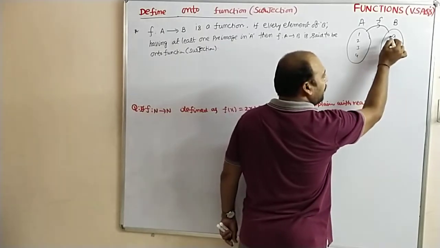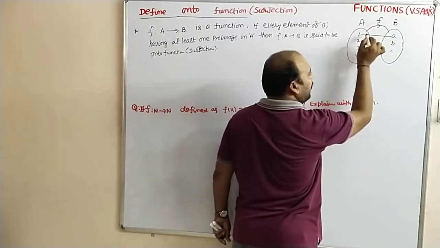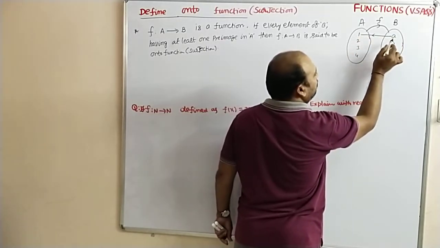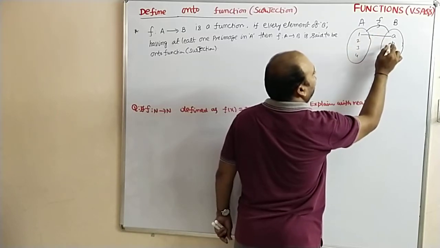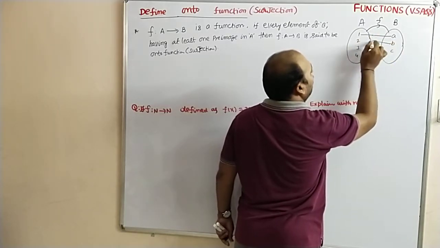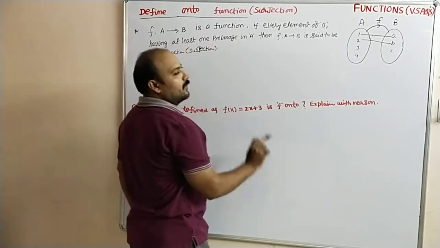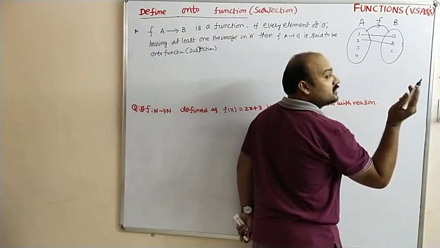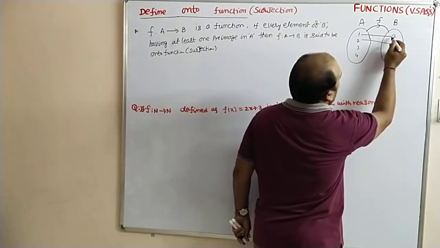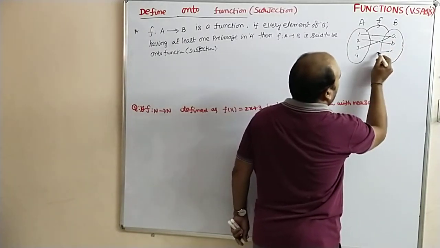Every element of B has a pre-image, even more than one; they are saying at least one pre-image. That means at least one means either one or two.